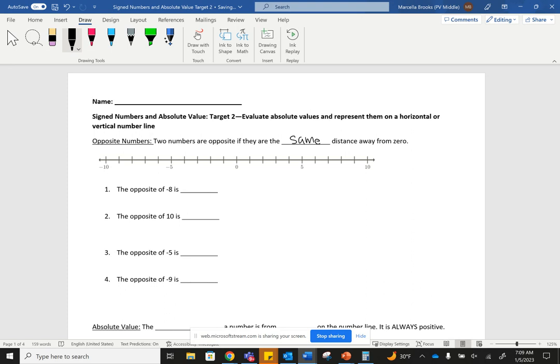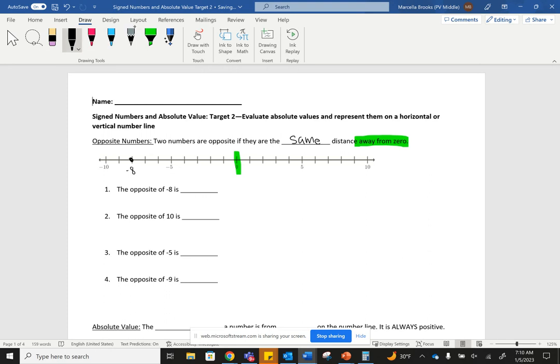If I look here at number 1, it says the opposite of -8 is what? So let's look. Here's 0 right here, and -8 is right here, 6, 7, 8. The opposite of -8 is a number that's the same distance away from 0.